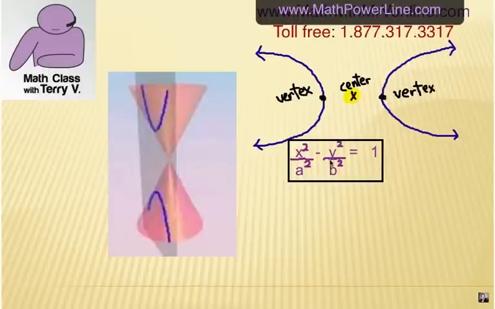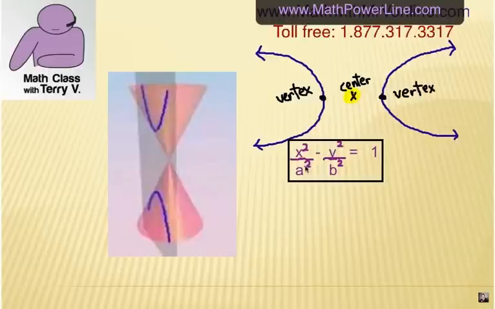Here's the general formula: x squared over a squared, minus, notice the subtraction there, y squared over b squared, equals 1. Let's break this down.